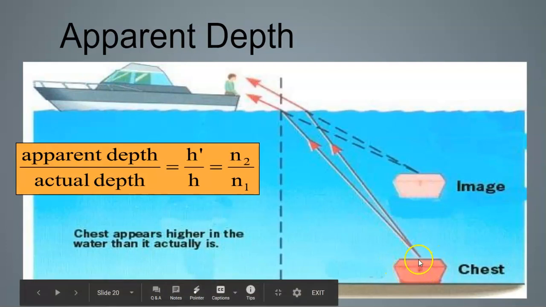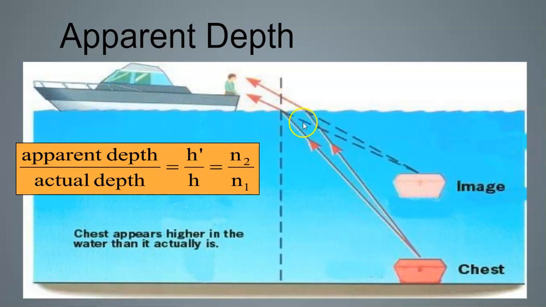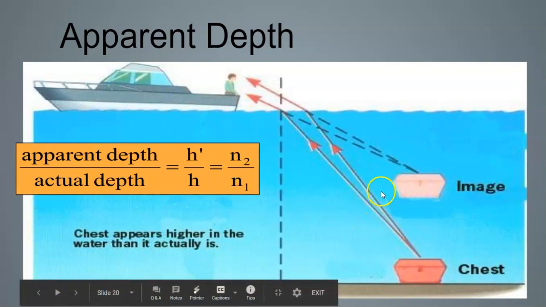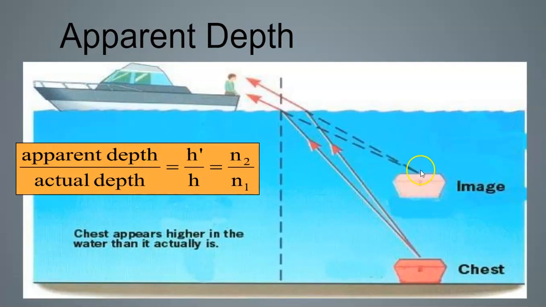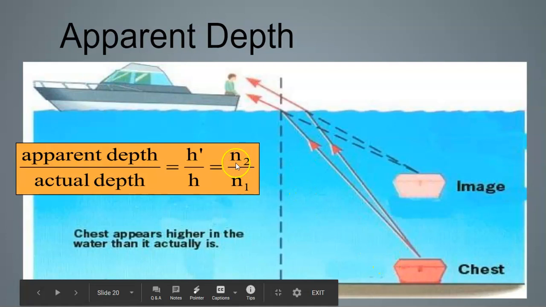You think about the light starting at the treasure chest and coming up and going into our eye. It refracts when it goes out of the water. You could use Snell's law then to find that angle right there. But what this already shows us is that the apparent depth over the actual depth is equal to that ratio N2 over N1.